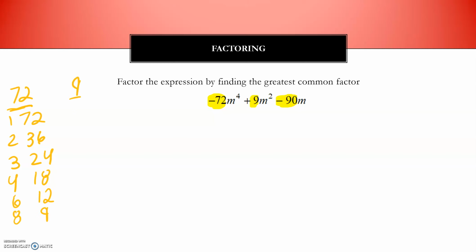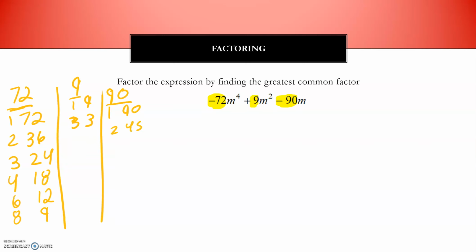For 9, I have 1 and 9, 3 and 3. For 90, and again, I'm not using the signs because those don't matter in terms of what our greatest common factor is. 1 and 90, 2 and 45, 3 and 30.